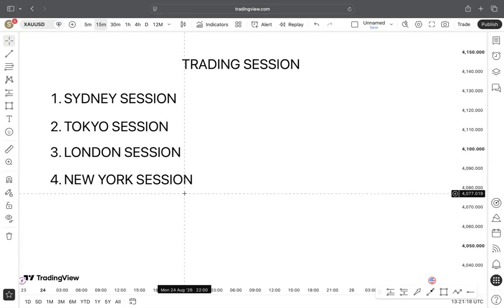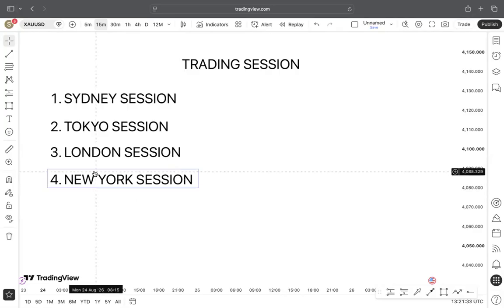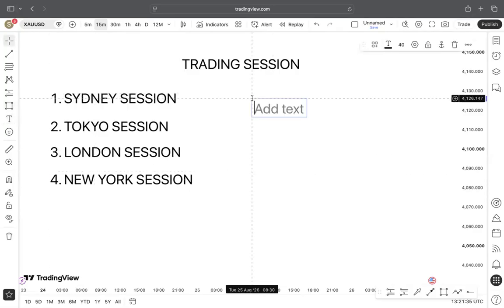So the Sydney session is the first major trading session to open after the weekend. It marks the beginning of the new forex trading week, and operates from 9 p.m. to 6 a.m. GMT UTC, so you can convert it to your local time.